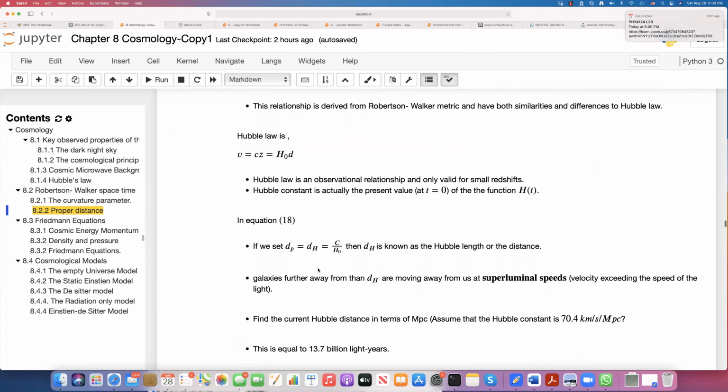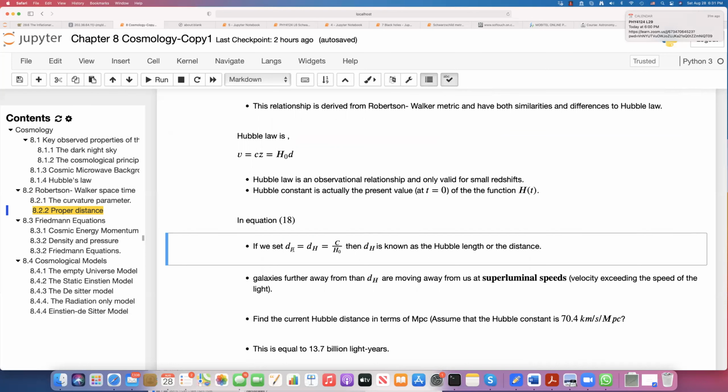You can set the velocity in that equation to be the velocity of light. Then we call this particular distance the Hubble length. So that's a specific name, right?